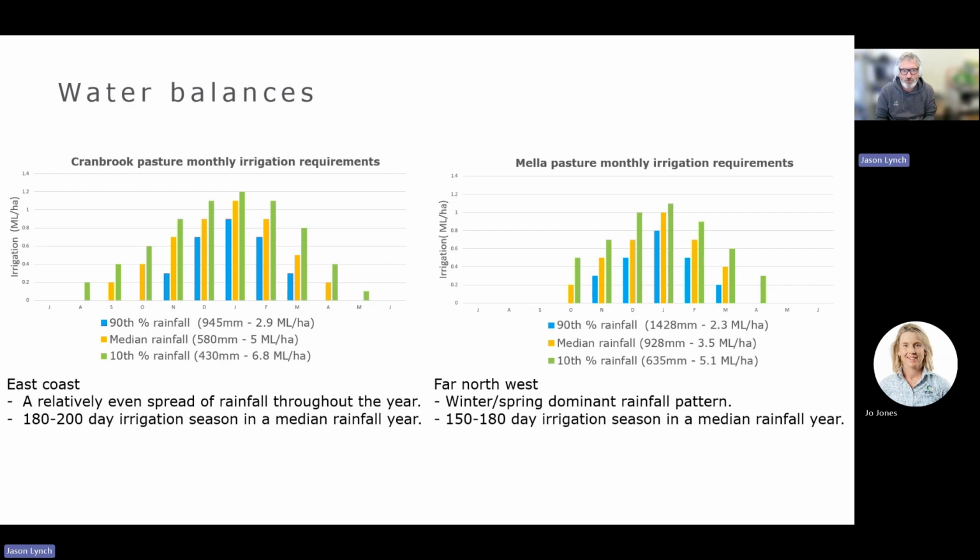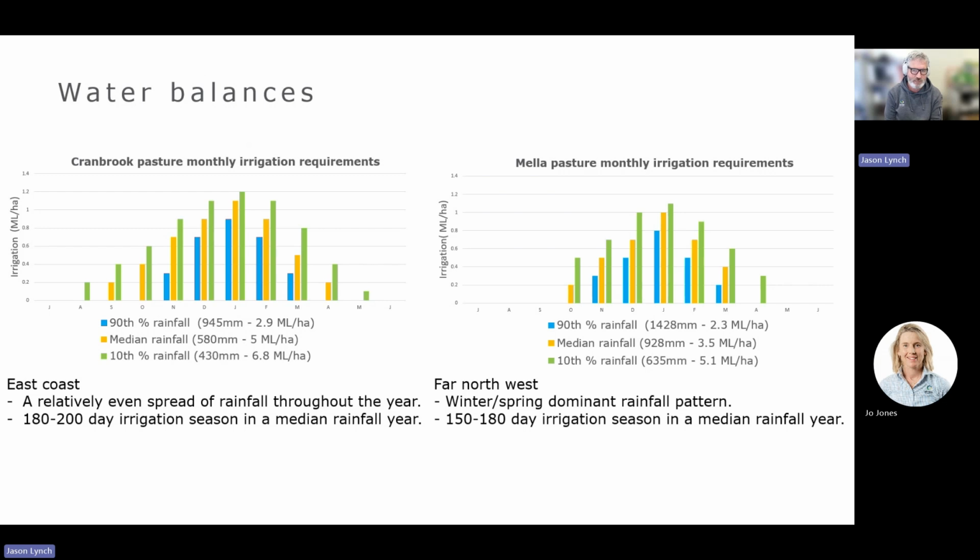Let's just have a look at two examples of water balances, from Cranbrook on the Central East Coast, and Mella in the very far northwest. You can see with these figures, we've got the months along the bottom, July through to June, and on the vertical axis, irrigation requirements in megalitres per hectare.